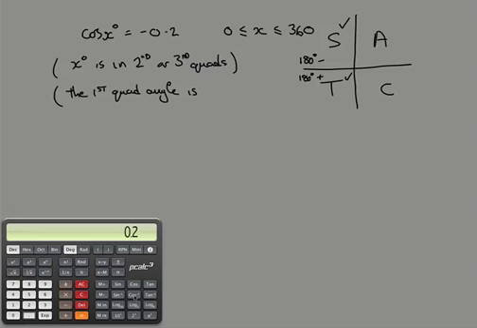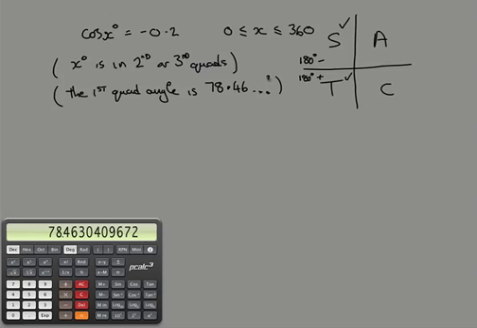So which angle gives me a cosine of 0.2, and we're thinking in degrees? It's 78.46, and so on. The dots here just mean that I haven't rounded the angle at this point.